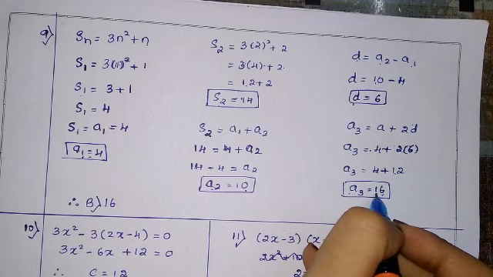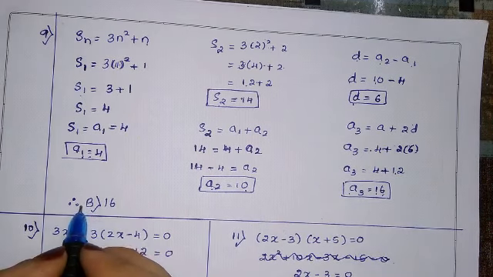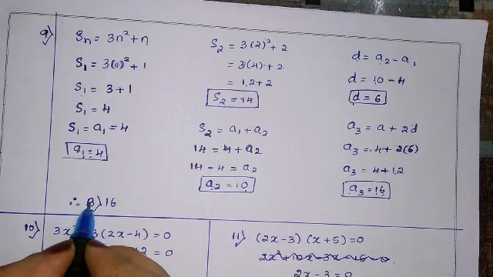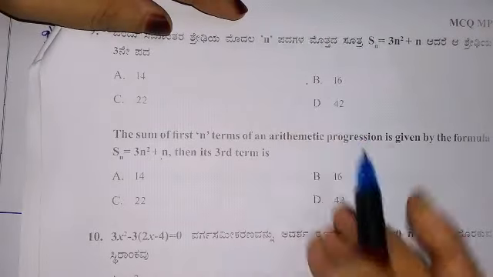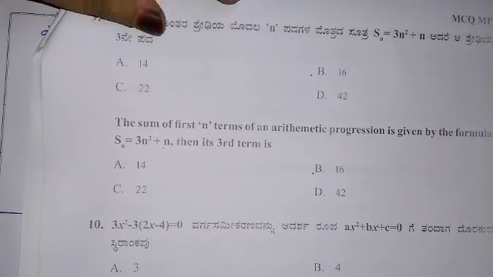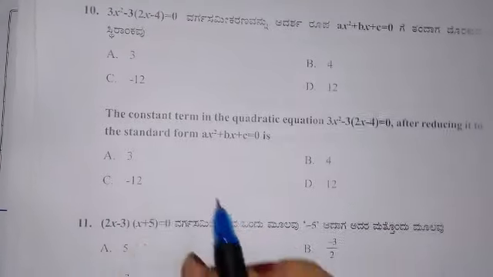So the third term is 16. So the correct answer is B, 16. Let us see the 10th question now.